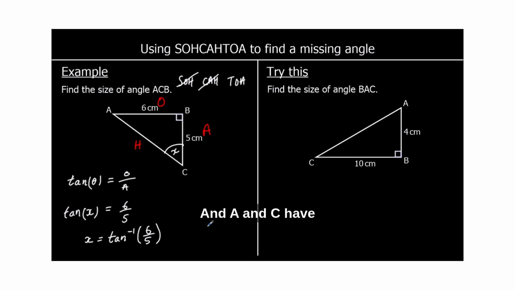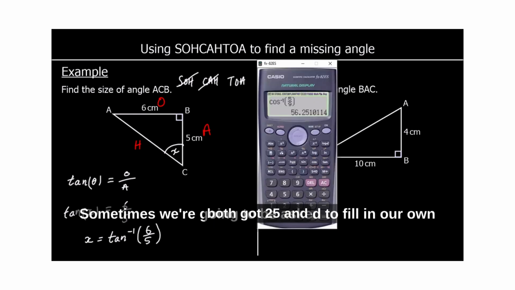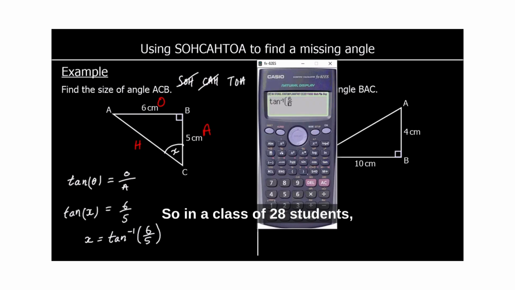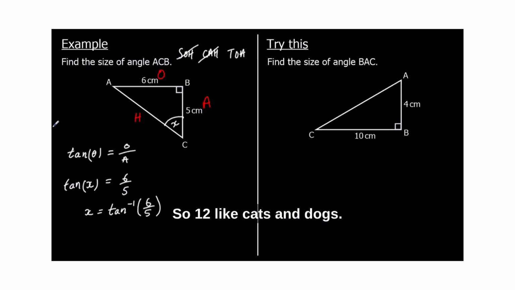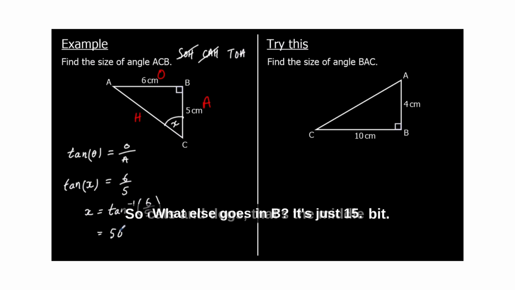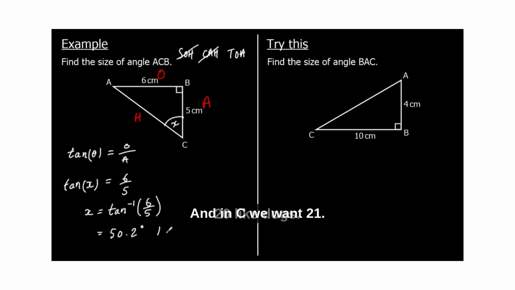So let's type that into the calculator. Shift tan 6/5, and to one decimal place, 50.2. So it's 50.2 degrees to one decimal place.